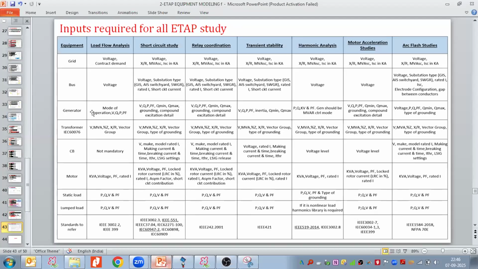For the generator, like voltage, VQ, active power, then power factor, Q minimum, Q maximum, grounding, compound excitation details. This is required for relay coordination. And you see transient stability, as I mentioned earlier, Numan. Here inertia you can mention for the transient analysis purpose.